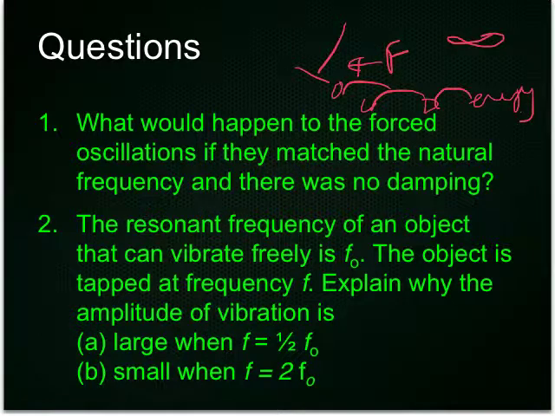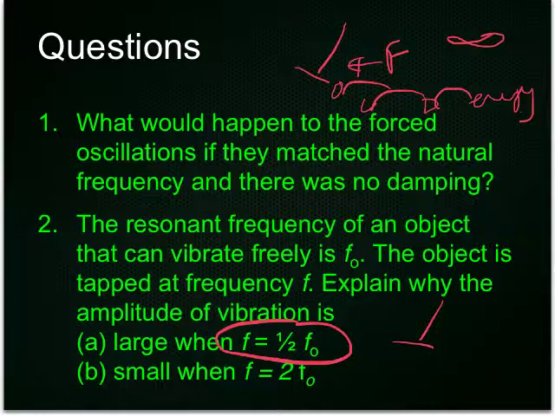What about if the forcing frequency is half the natural frequency? Let's say you're trying to push a swing with half the natural frequency. Well, in that case, you're actually going to push it every second oscillation in time. So it will actually increase its energy, but nowhere near as much as pushing it every time in time.